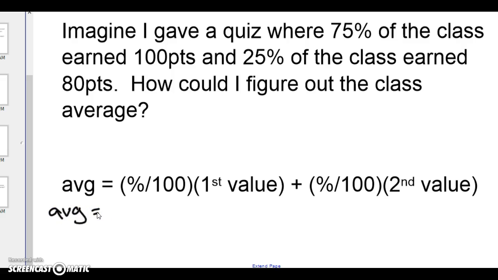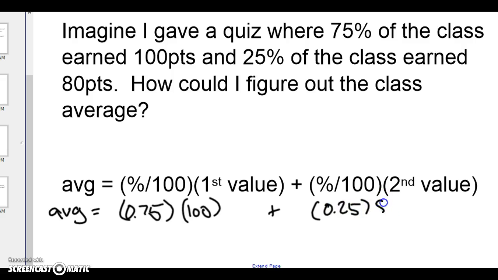class on that one test, I say, well, 75% divided by 100, so 0.75 of them earned 100, and 25%, or 0.25, earned 80.